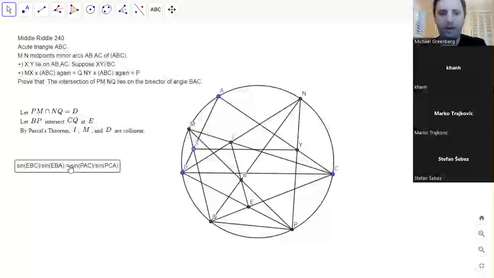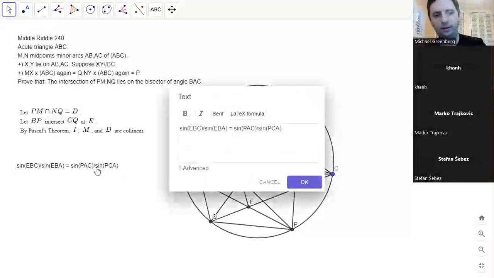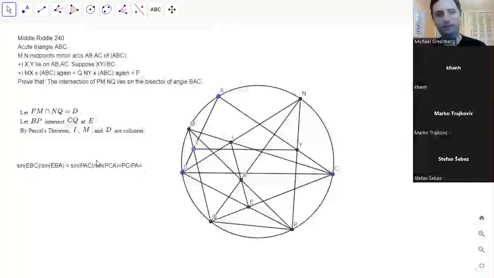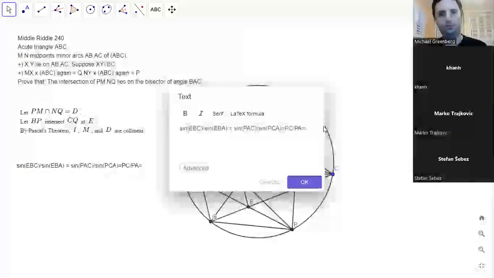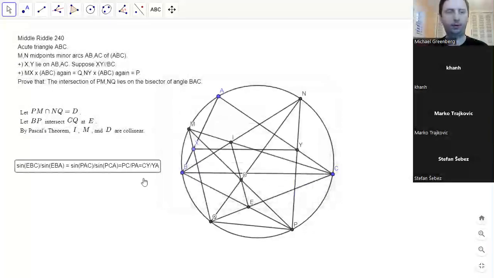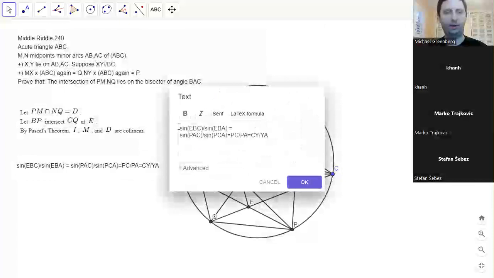And that is PAC. So that's PC over PA, which is equal to CY over YA. So yeah, this pretty much solves it. So it's a good idea.